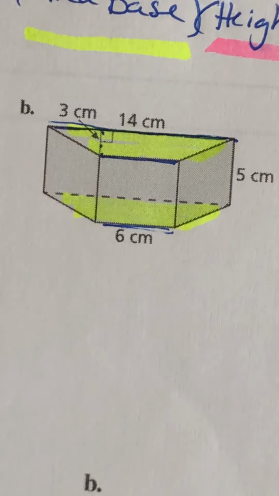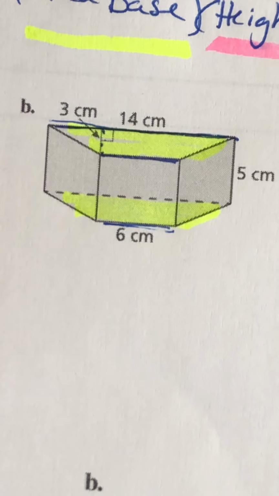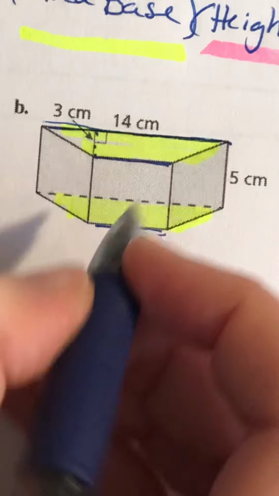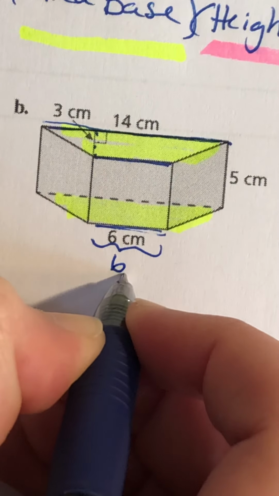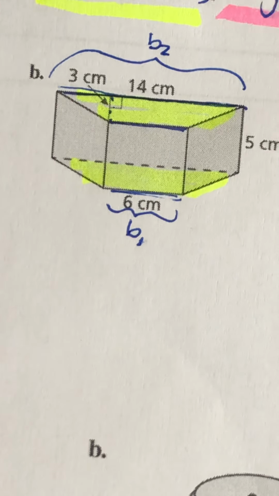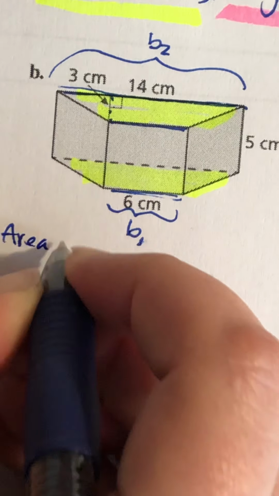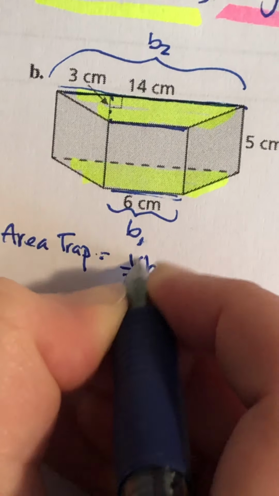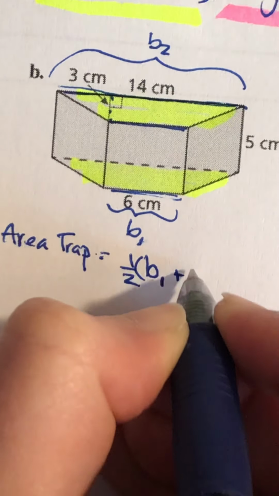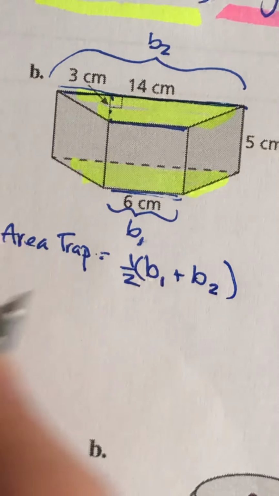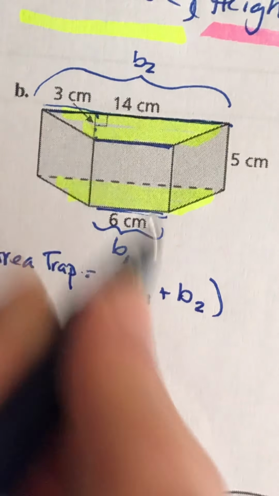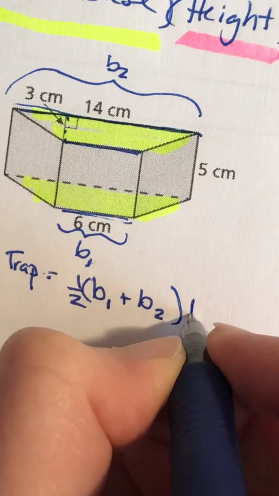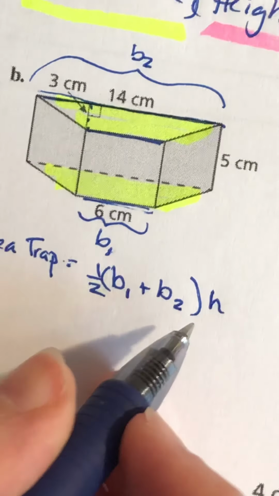The height is 3. So first, we want to find the area of the trapezoid. Now this is base 1, and that's base 2. We did area of trapezoids in a previous section of this chapter. So the area of a trapezoid is 1/2 the average of the bases, so base 1 plus base 2 divided by 2 times the height of the trapezoid.